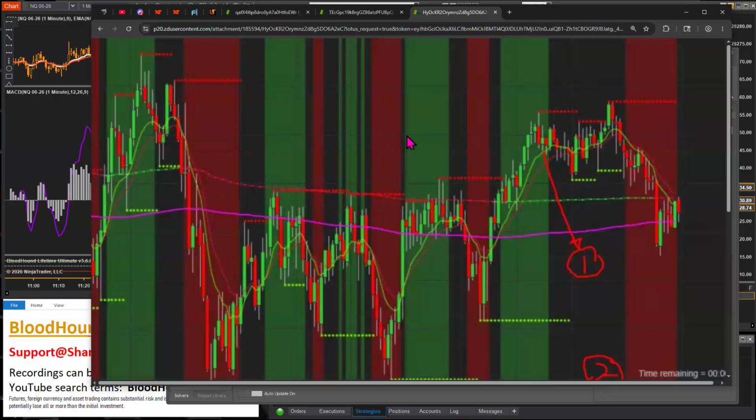Blackbird is designed to not put the account into a margin call, because with futures, and I guess this would go for stocks as well, if you did literally buy on every single bar here, you could easily have too many open contracts and get into a margin call. So Blackbird does have a setting, turned on by default, so that Blackbird will not open another position until the existing position is closed.